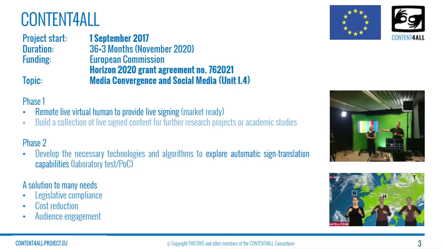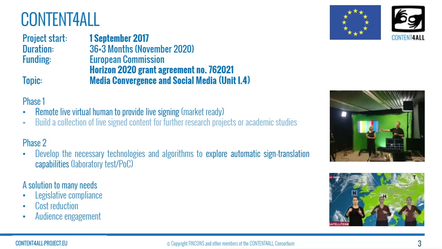And for doing that, we divided the project into two main phases. In the first phase, we create a workflow for remote sign interpretation, where a human signer is sitting in a remote studio, for example at home, and can interpret the content that is broadcast, animating the 3D virtual human, which reproduces exactly his or her interpretation, and then it is distributed to all the viewers via the broadcaster content delivery network.